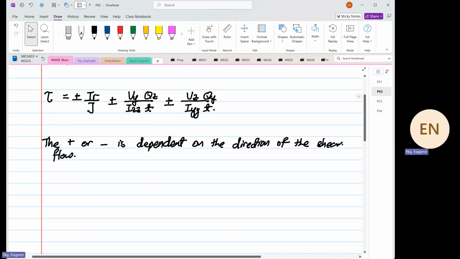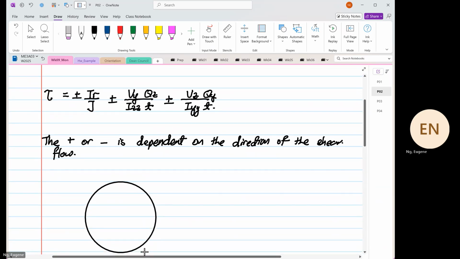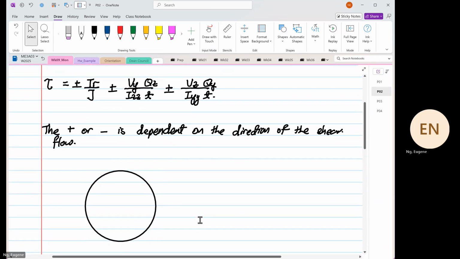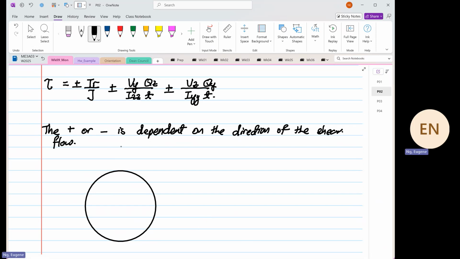Now, let me elaborate what I mean by that. So now we have a cross section. Let me draw the transformation first.